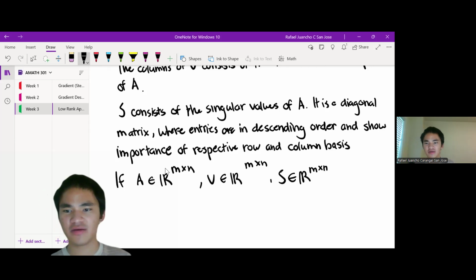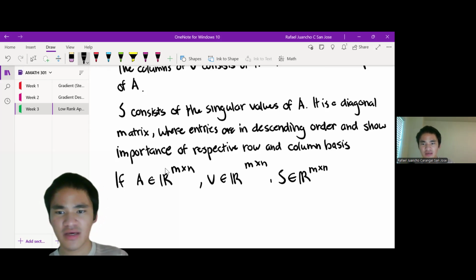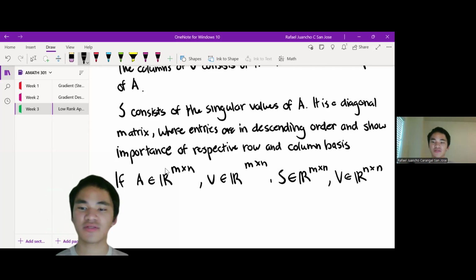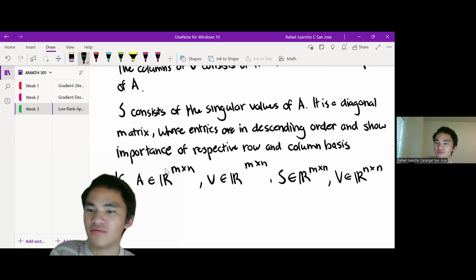Hope I'm not messing anything up. And lastly, my V is n by n. So this is a square matrix, right? Well, okay, what do we see?